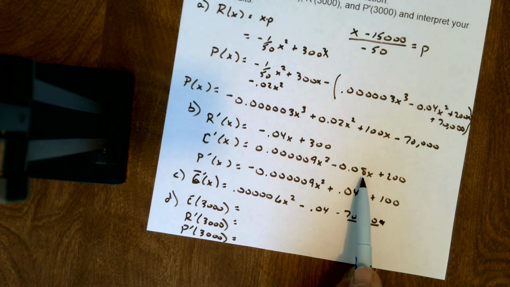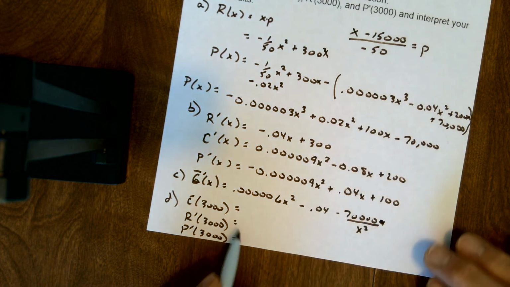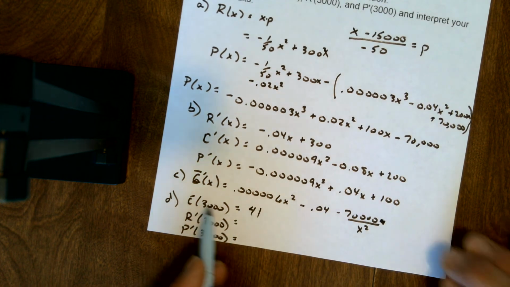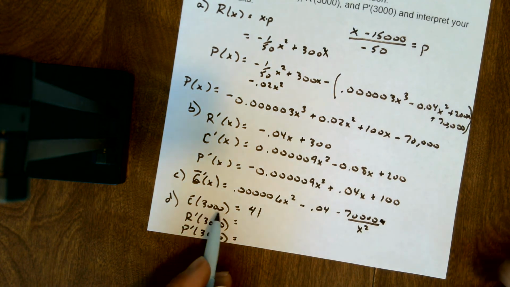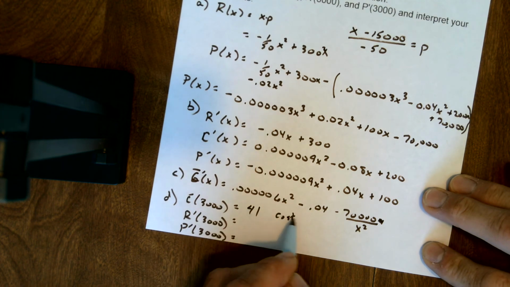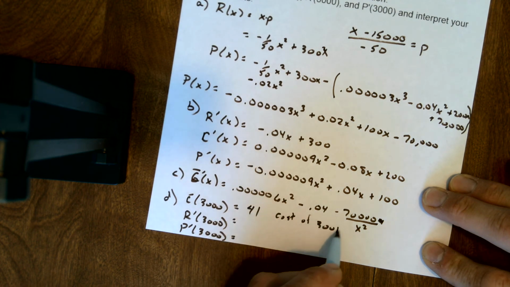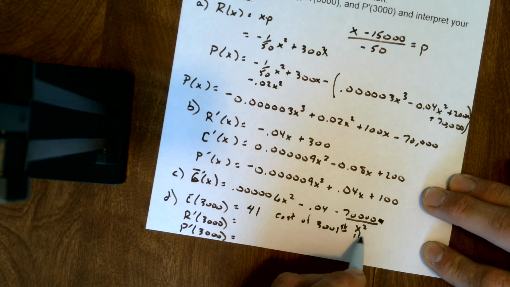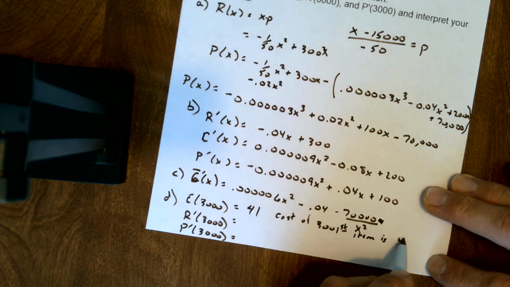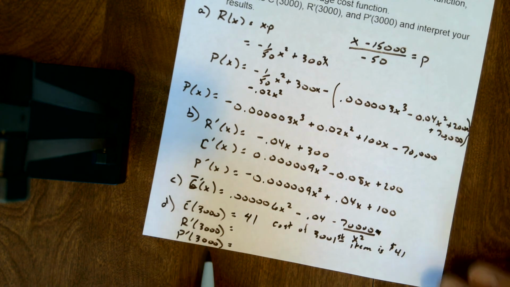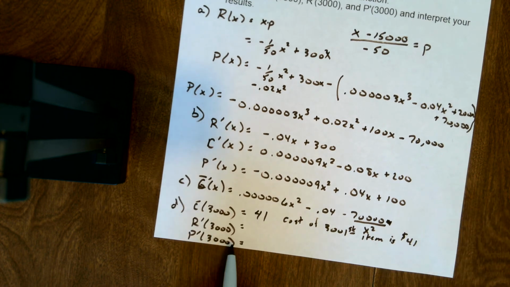And then to that, we're going to add 200. So that gives us a cost of $41. So this is the cost of the 3,000th first item is $41.